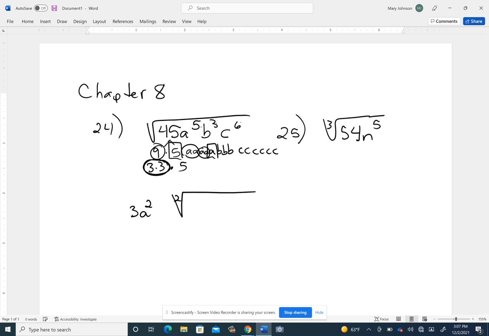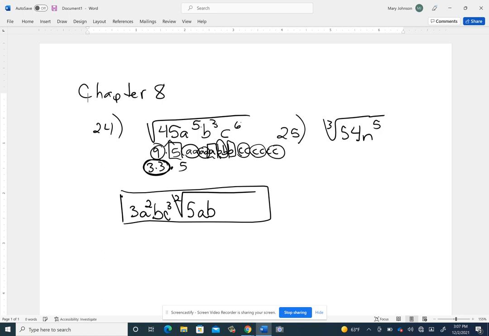There's a 5 that's not paired up as well, so those are going to be inside. We have a pair of B's, just one pair, so we can bring out a B, but there's a B that's going to be left inside. But then with the C's, there's 3 pairs, so I'm going to have C to the third out here. So your final answer should be 3A squared B, C to the third, and then the square root of 5AB.